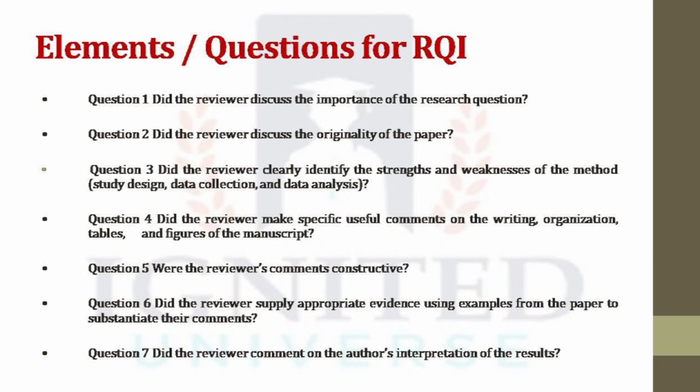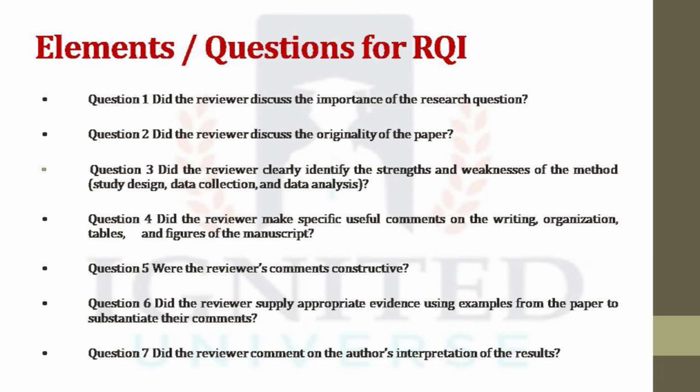Did the reviewer supply appropriate evidence using examples from the paper to substantiate their comments? In this again we can have Likert scale from 1 to 5. 1 being no comment substantiated, 3 being some comment substantiated, and 5 all comments substantiated.